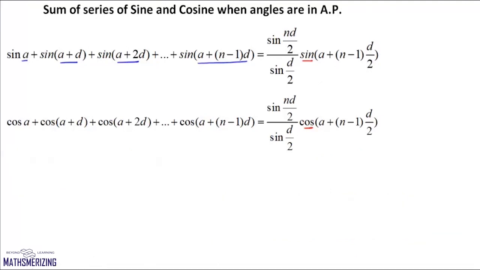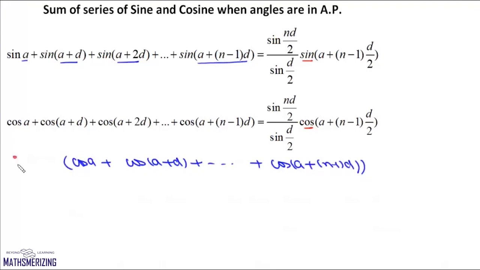Now in the same way, we'll prove this second formula. So we'll start with cos A plus cos A plus D, and this series will go all the way up to cos A plus n minus 1D. Now again, we'll multiply and divide with 2 sine d by 2.